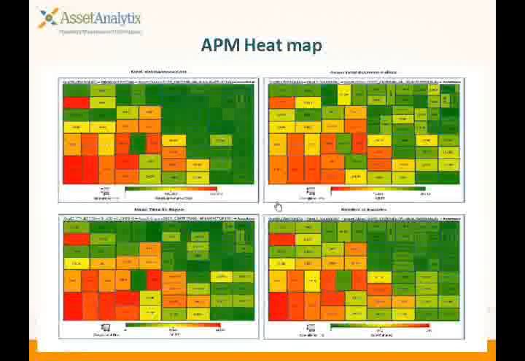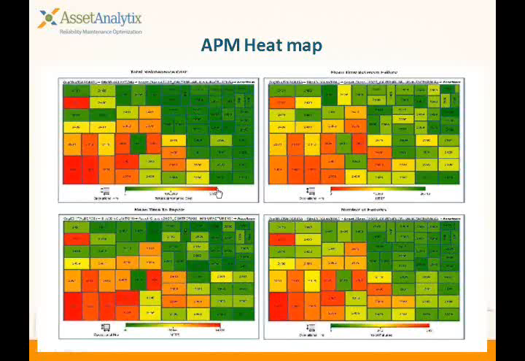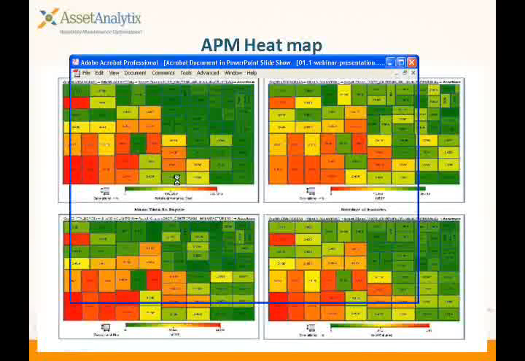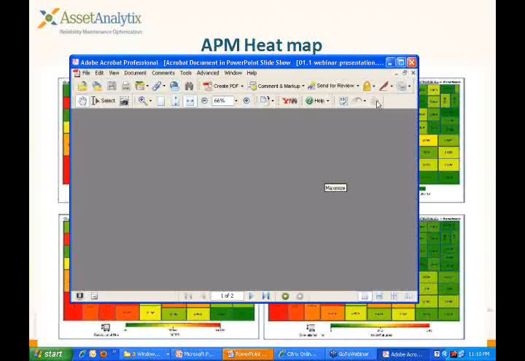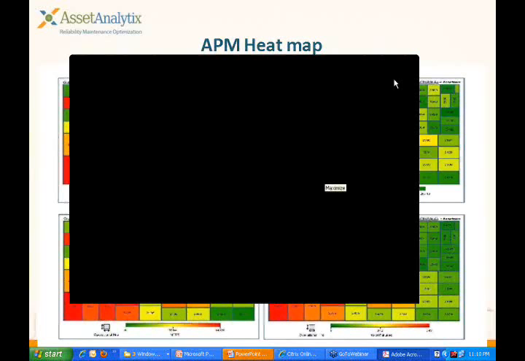This is another example which highlights, if you have a similar type of assets or multiple of them and want to have a single view, this heat map will allow you to see. So here what we are seeing is the operating hours.